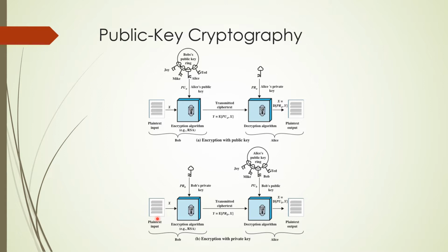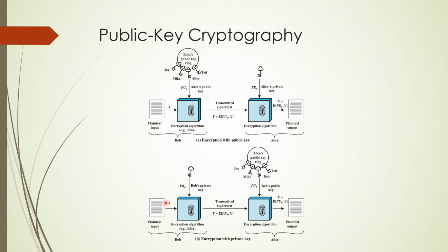So basically, Bob wants to sign the message and send it over to Alice, so Alice knows only Bob can send this message. What Bob needs to do is to give the plain text message that wants to be signed and Bob's private key, which is represented by PR sub B. B stands for Bob and PR stands for private key.